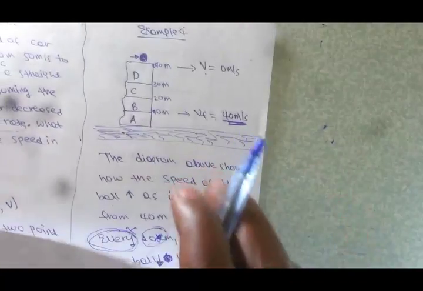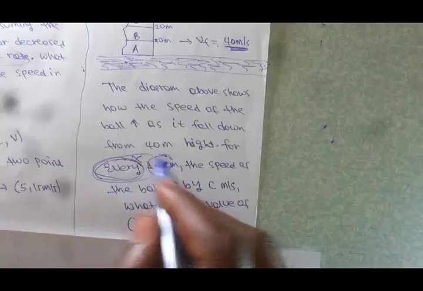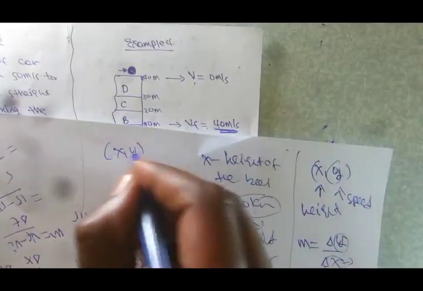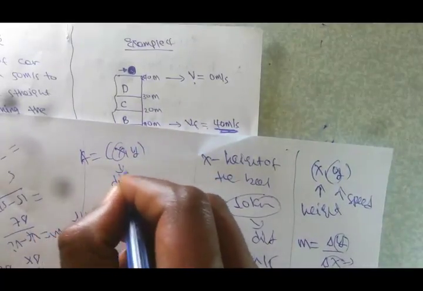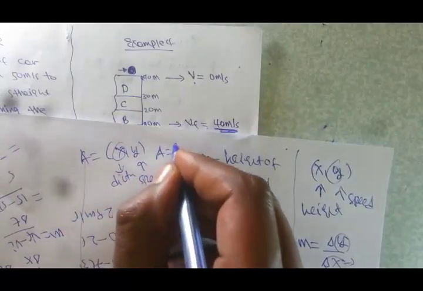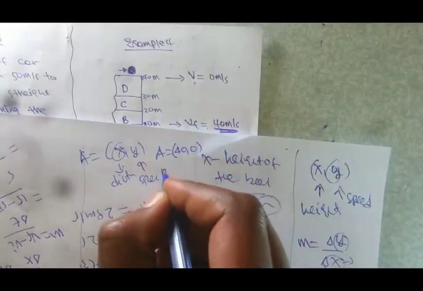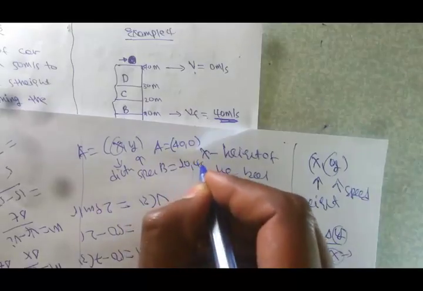We are already given it is linear. Whenever you find each time, it's a linear function, and let's take any 2 points, x, y. This is point A, this is distance, this is speed. Therefore, point A is given by 40 meters, the speed was 0. At B, at 10 meters, the speed was 40.